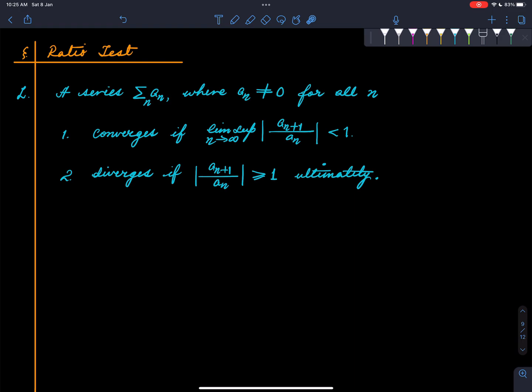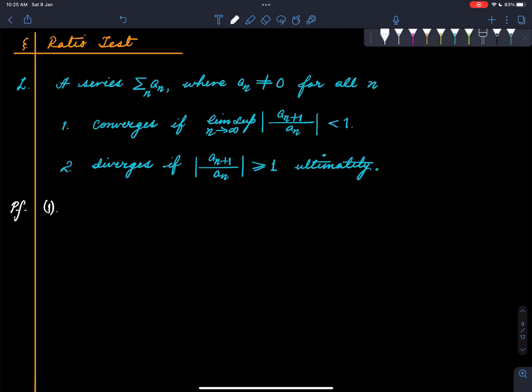Okay, so let's prove both of them. Proof of 1. So let the lim sup of this ratio be equal to something called alpha, and let's say this is less than 1. And we want to show that the series converges.